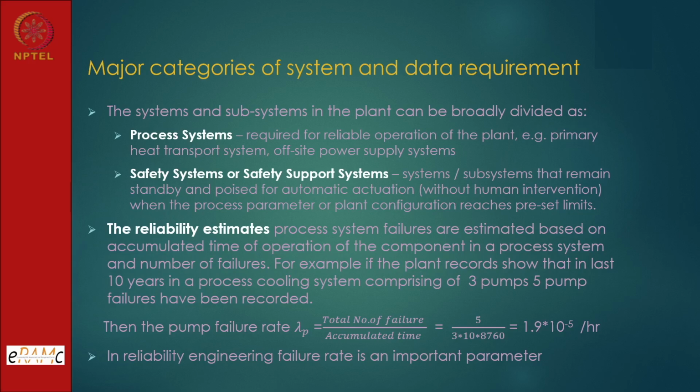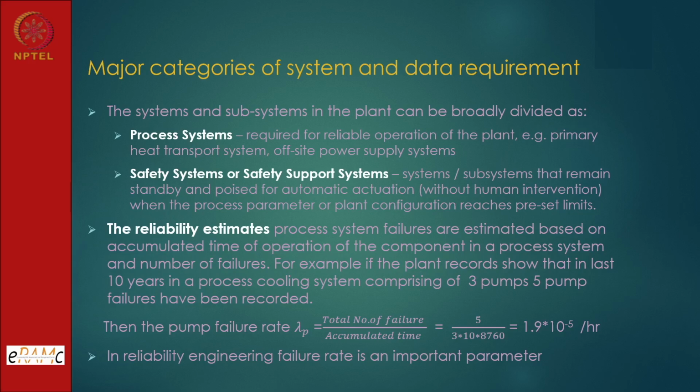Now before I go to the probability distribution, I have to understand what my plant is. A plant can be divided into two parts: process systems, so that means process system data, and safety systems or safety support systems. These are the two major categories in the plant.